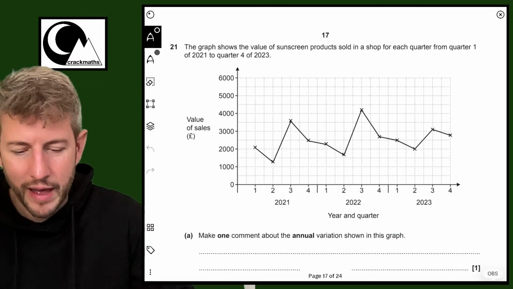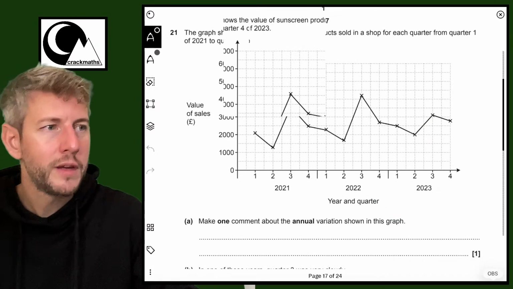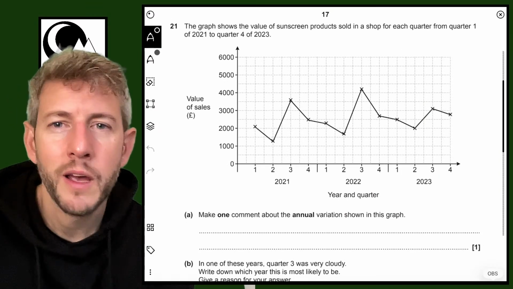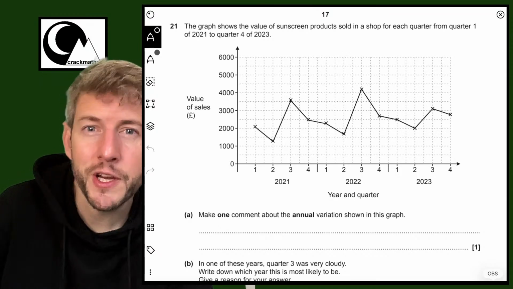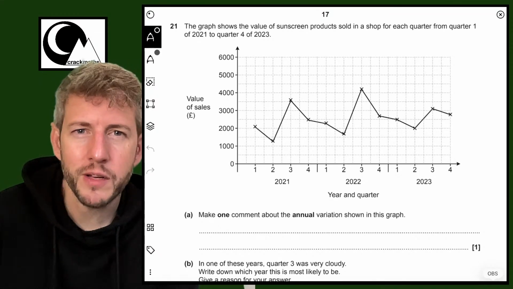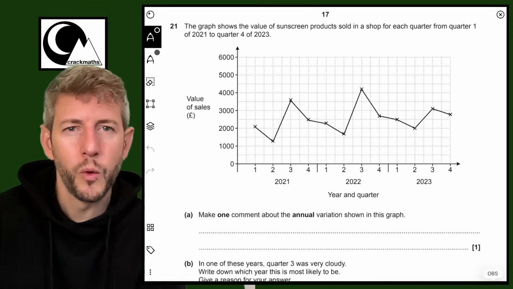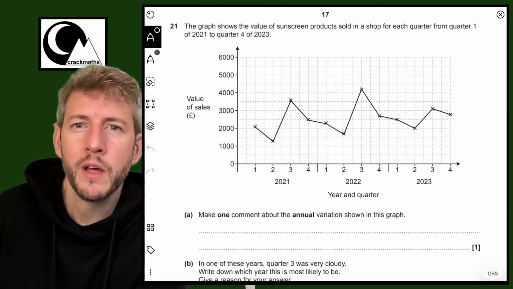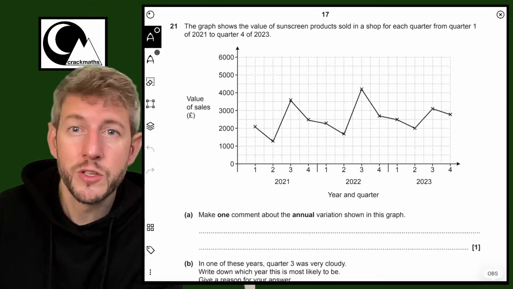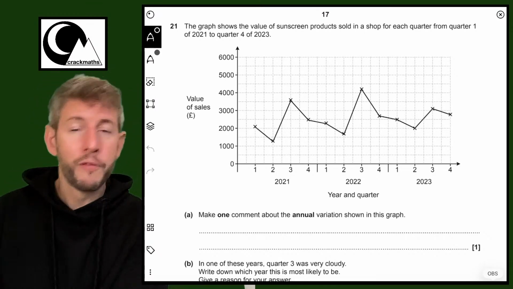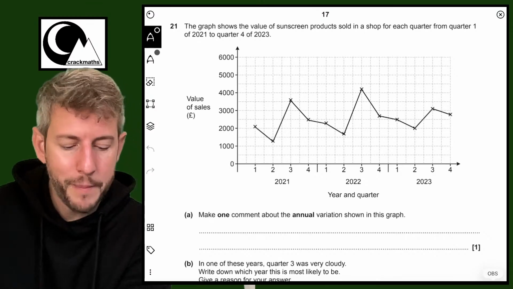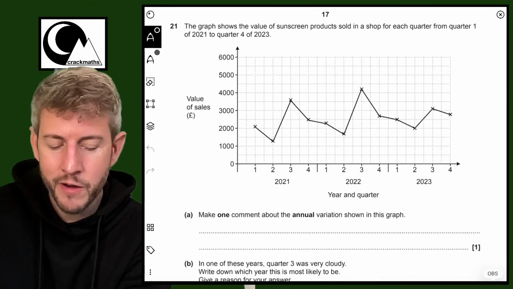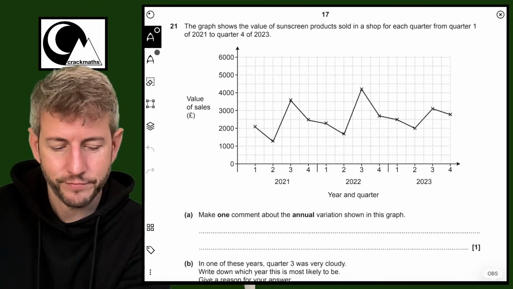Right, so next, let's have a look at question 21. Question 21 says, the graph shows the value of sunscreen products sold in a shop for each quarter from quarter 1 of 2021 to quarter 4 of 2023. Make one comment about the annual variation shown in this graph.